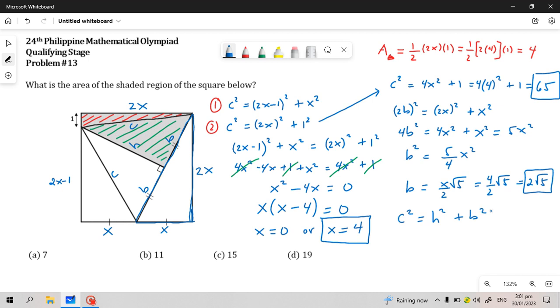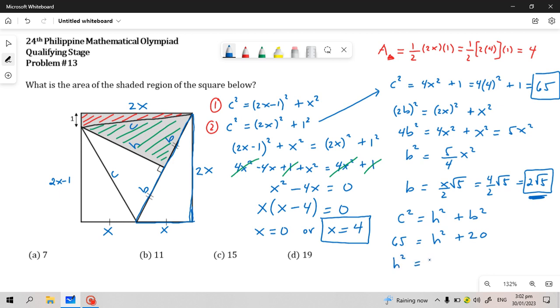Then we can simply substitute the value of c squared and b squared. c squared is 65, equals h squared plus b squared, and if we square this one, that's just 20.